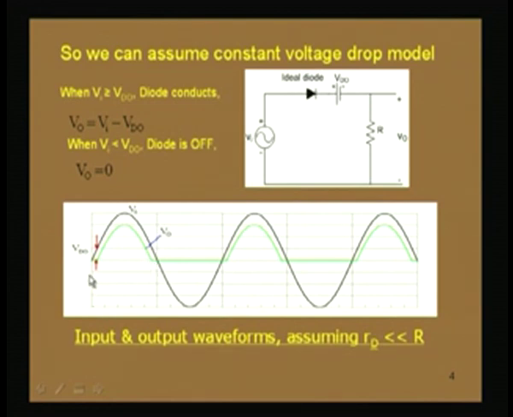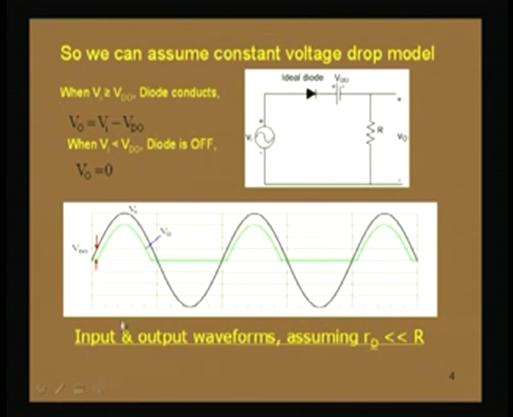So, basically for one complete time period of the input waveform, say capital T, we have conduction of the diode for even less than T by 2, half of the time period. But of course, this small region where the output current is 0 is very small. So, roughly approximately we can say that for half of the input waveform, the output voltage will be 0.